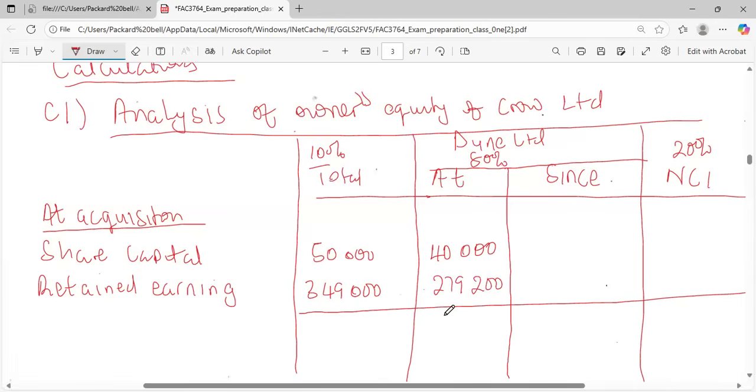Right, then we add the 2 plus 40. How much are we going to have? 319,200. Then here, if we add here, how much are we going to get? It's 50 plus this one is going to be 399,000.